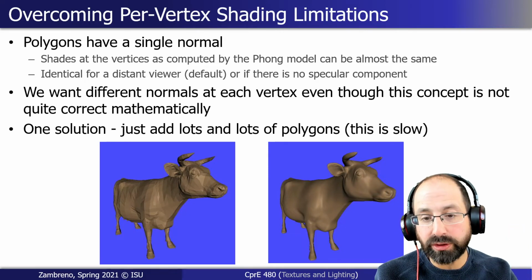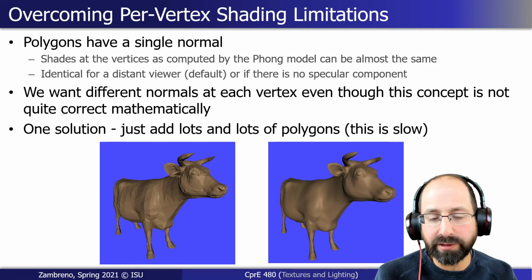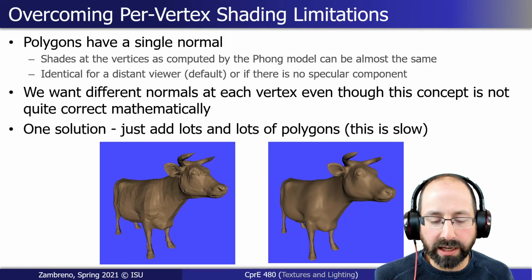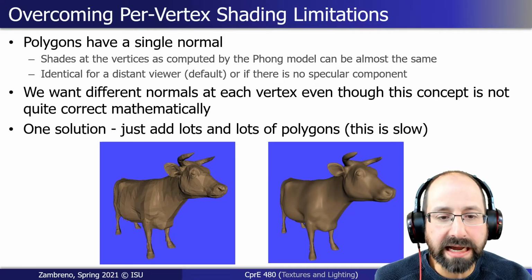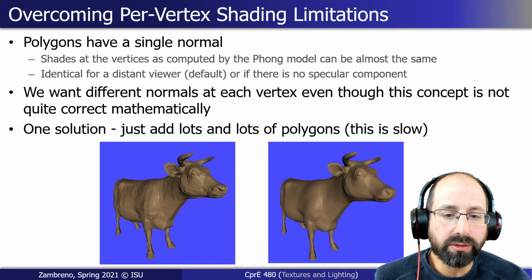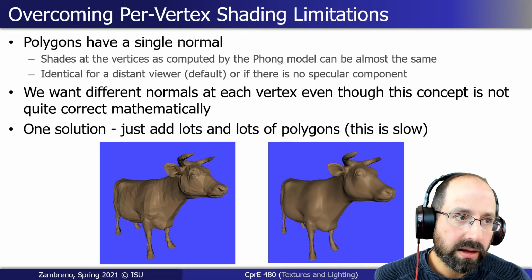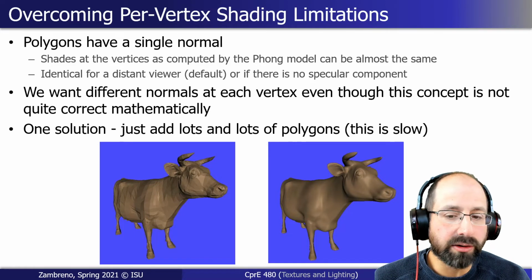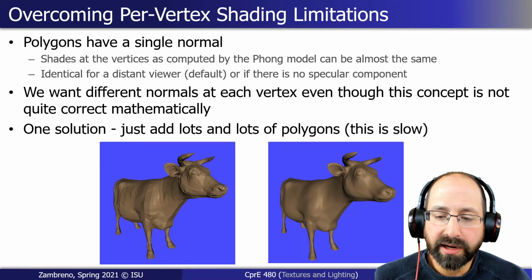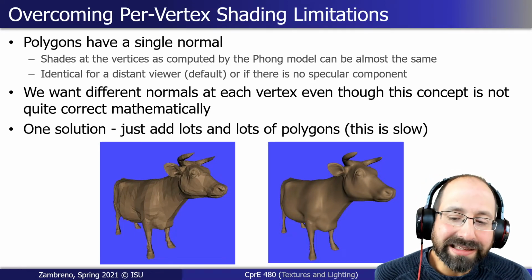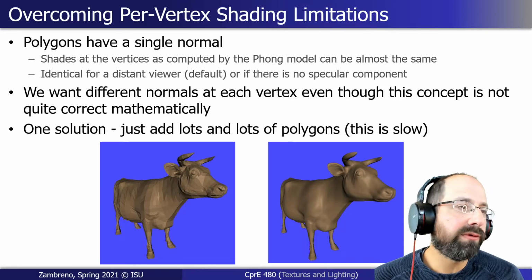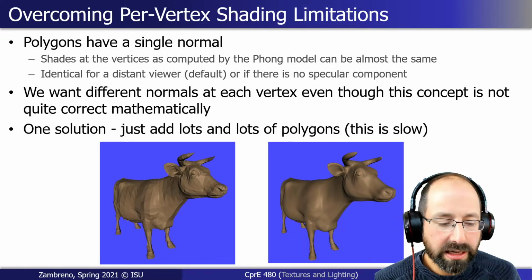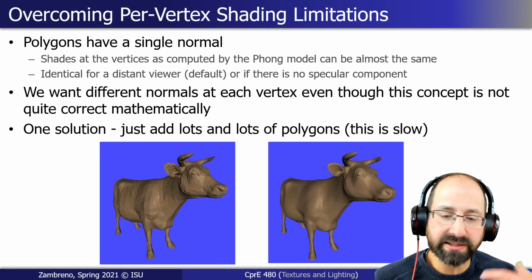Surface normals are only really mathematically defined relative to surfaces, not to individual vertices. So there are multiple ways we can approach that. The per polygon shading model, or flat shading model, is just to assume that the three vertices that compose each triangle all have the same exact normal.